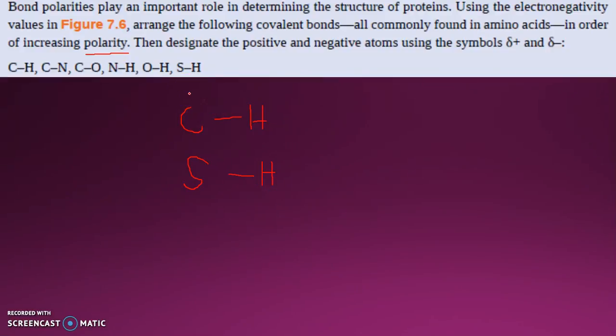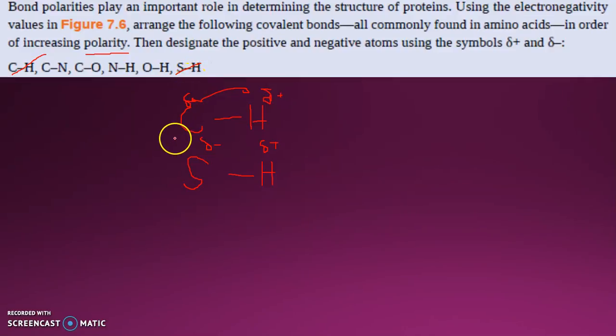The carbon has the partial negative charge, and the hydrogen has the partial positive charge. The sulfur, again, has the partial negative charge, and the hydrogen has the partial positive charge. And again, those were both an electronegativity difference of 0.4. So that's carbon and hydrogen and sulfur and hydrogen.